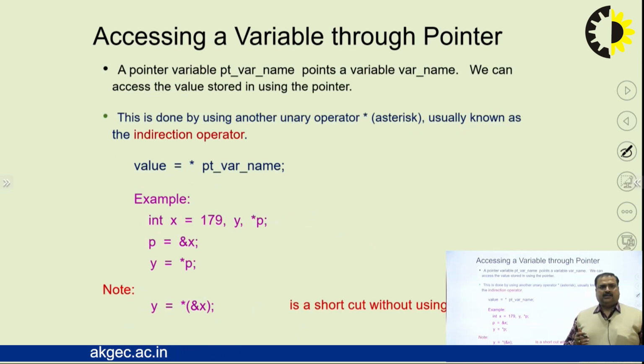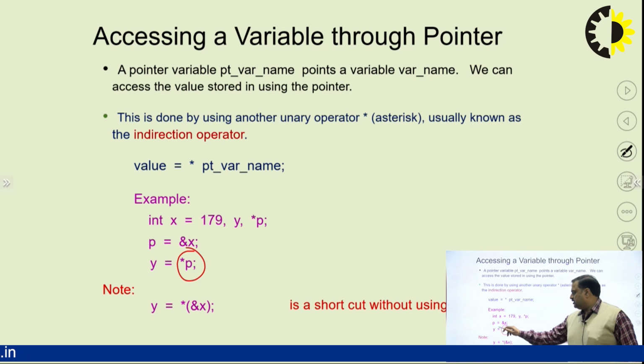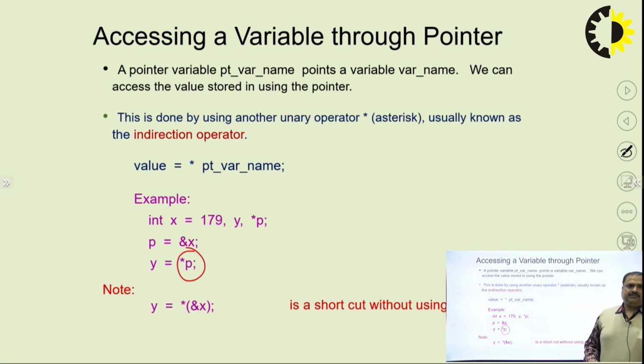Now, accessing a variable through a pointer. If I want to access a variable, then we can use this dereference, which will give the value. Or we can use asterisk address of x.